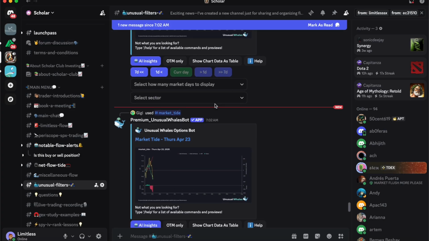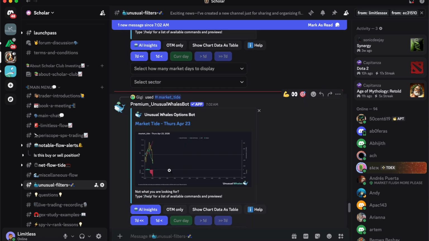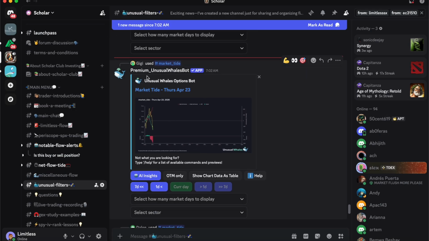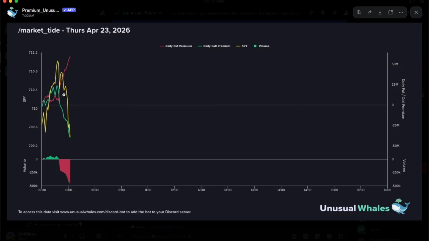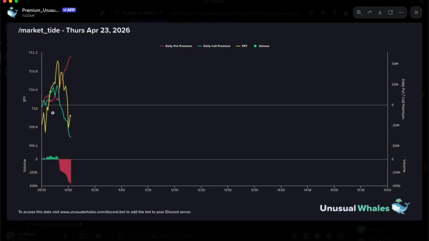And lo and behold, within the next 2 minutes, we pulled the market tide again using the Unusual Whales bot. We saw that price did indeed close that gap down to where premium was, trading in tandem at the level of the y-axis at which the premium was positioned, which is 709.6. So there you have it, a beautiful manifestation of the price to premium gap theory.